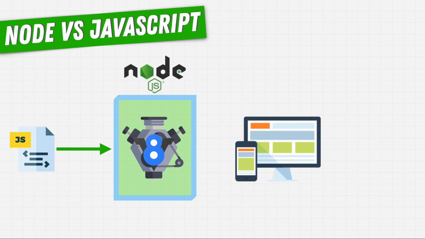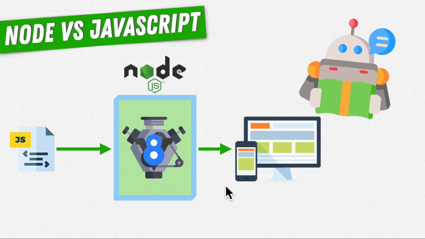Now, Node contains a lot more than just V8, but prior to Node, JavaScript could only be run in a browser and not standalone, because browsers were the only ones who had JavaScript engines, like V8. Node was built so that we could run JavaScript anywhere, including your computer, but also your phone, or, believe it or not, even to control robots. Whenever you run JavaScript outside of the browser, chances are you're running Node.